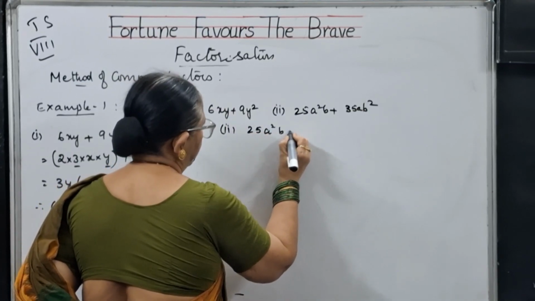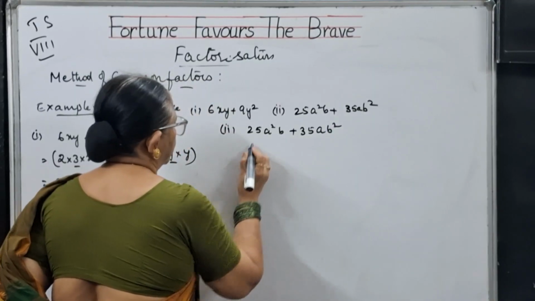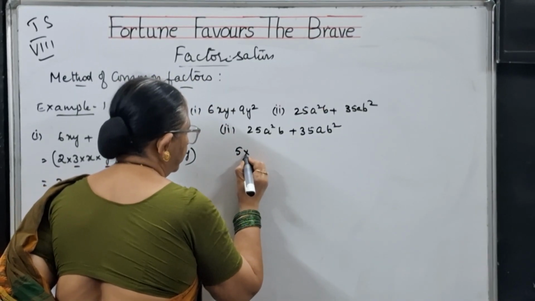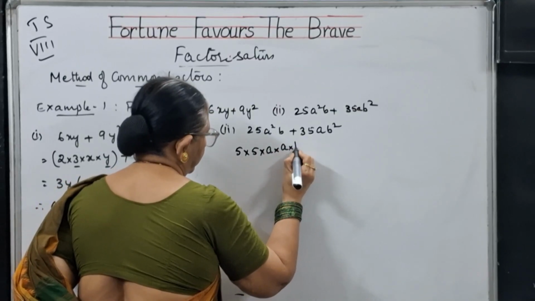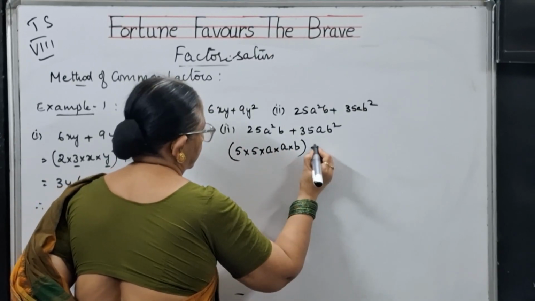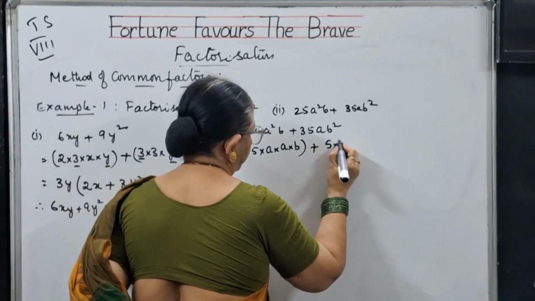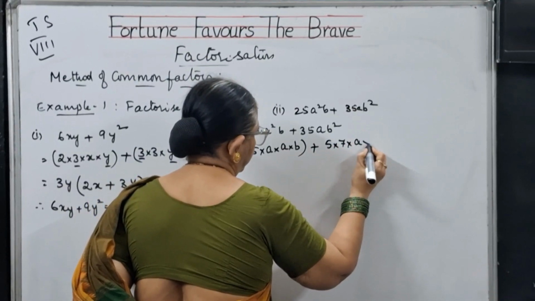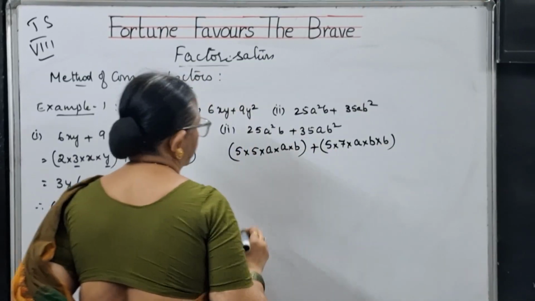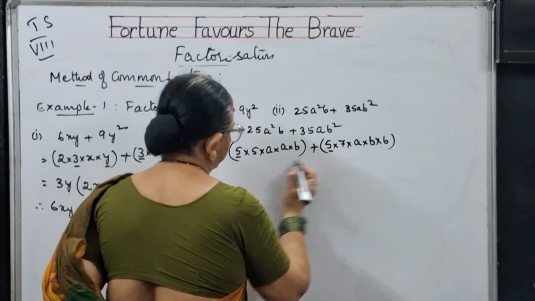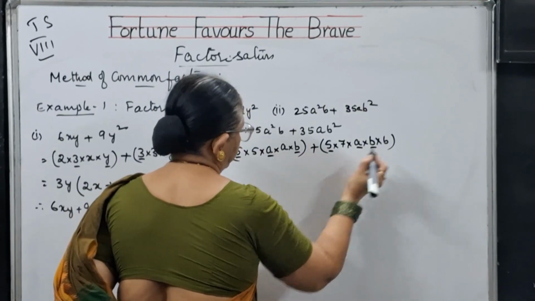25a square b plus 35ab square. So 25 means 5 into 5 into a square, a into b, plus 35 is 5 into 7 into a into b into b. This is the expansion. So common 5 is there and a is there, b is there.